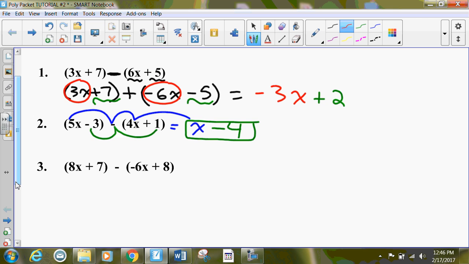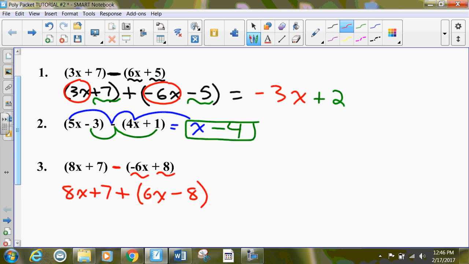This next one, I'm going to rewrite it. So once again, you get to look at the second method again. If I don't like a minus, I can change it. But that means that I have to change every sign of each term that's after that sign I changed. So if it's a negative 6x, no more, it's positive 6x. If it's a positive 8, no more, it's a negative 8.